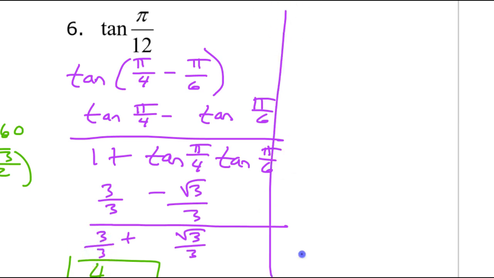Okay, let's make a new column. So this is going to be 3 minus radical 3 over 3. Okay, that's the numerator. And this will be 3 plus radical 3 over 3.